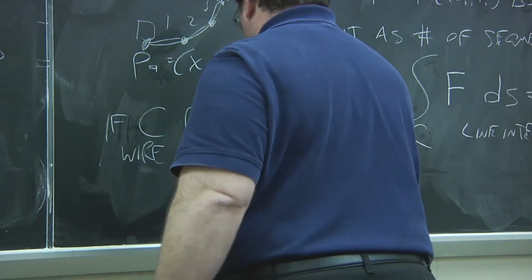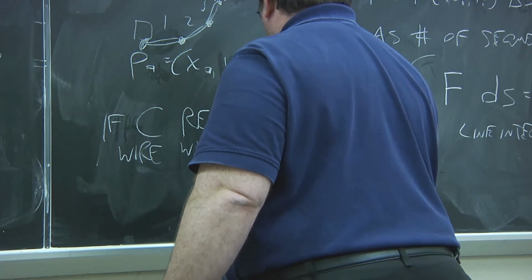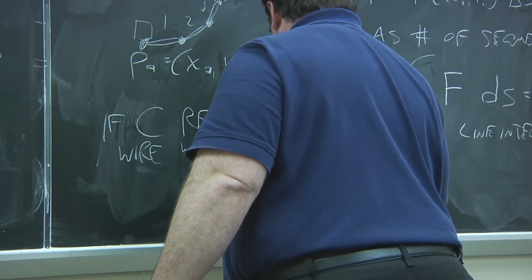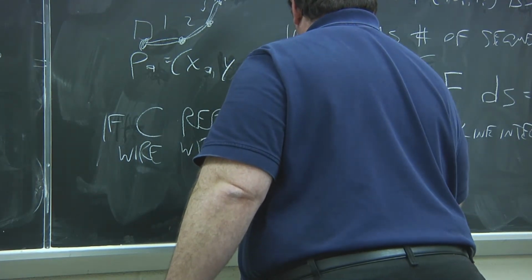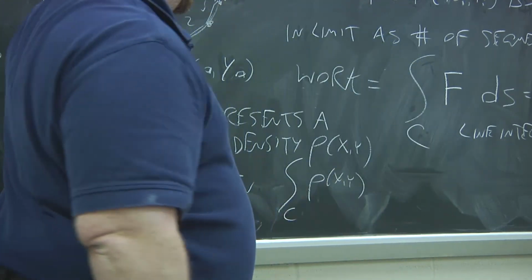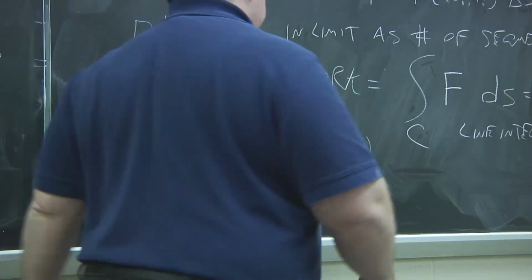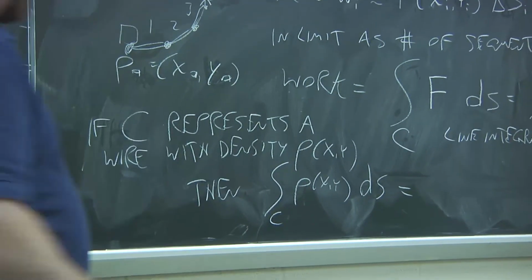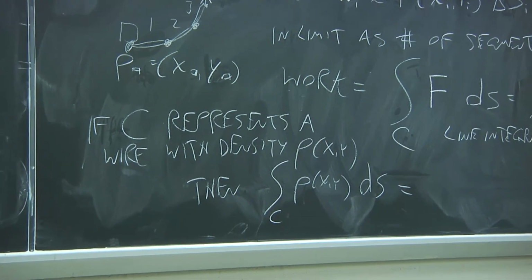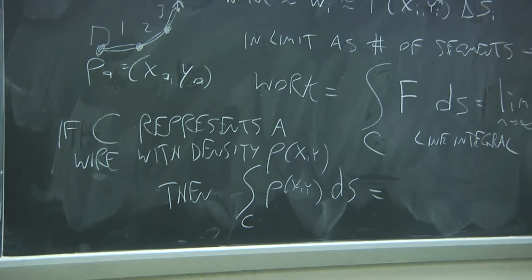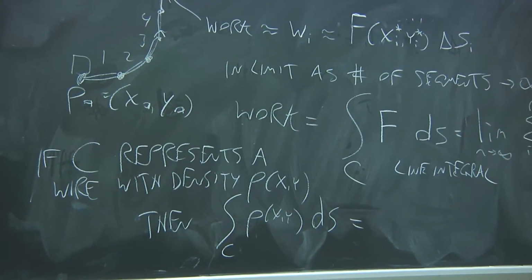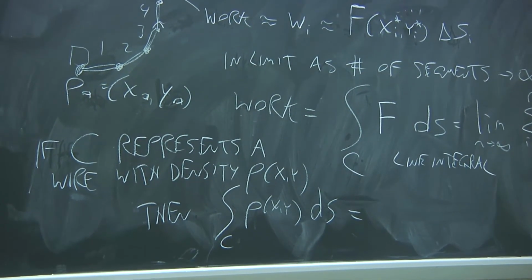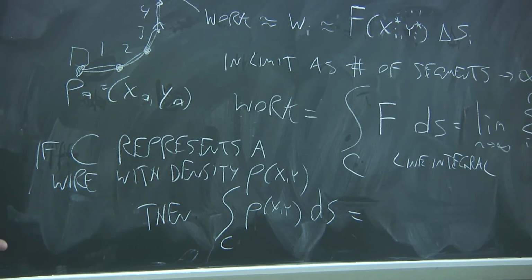Then, if we add up the density times the length of these segments, then what is it that we're computing? If we're taking density times length in this case because it's a wire, what is that going to give us?